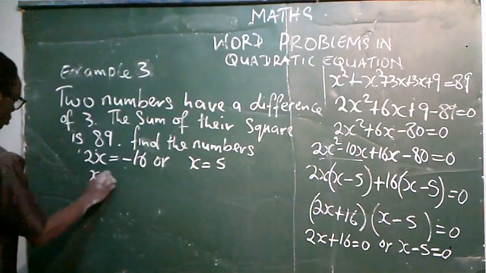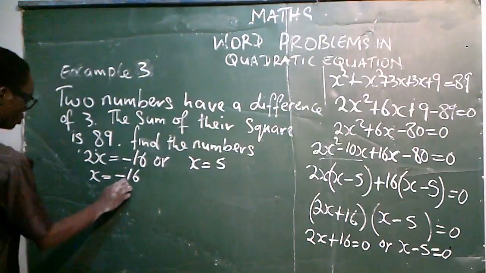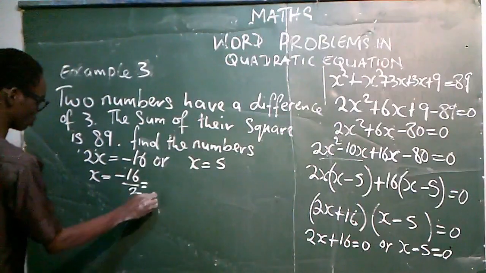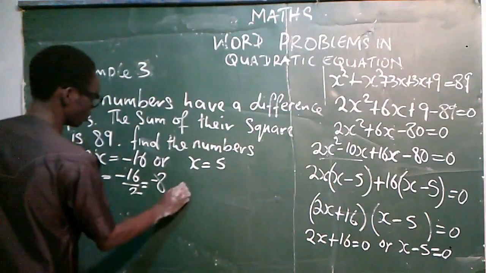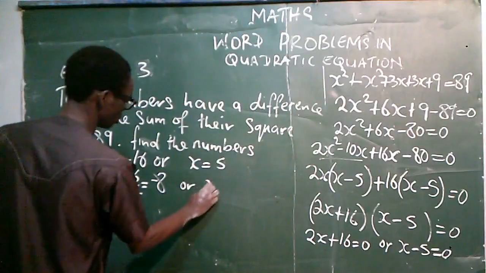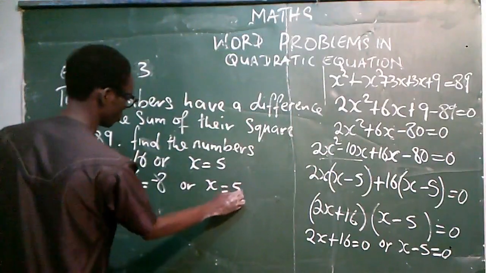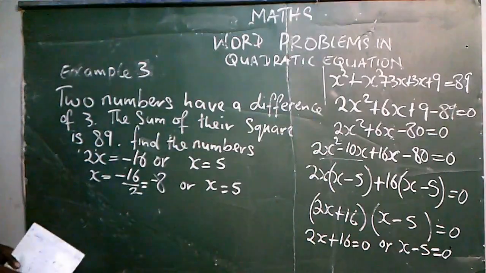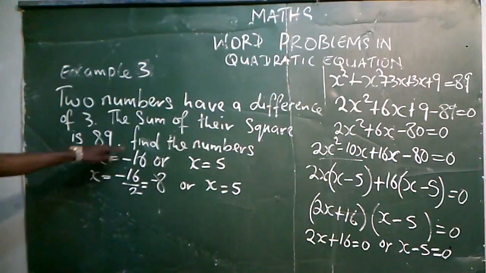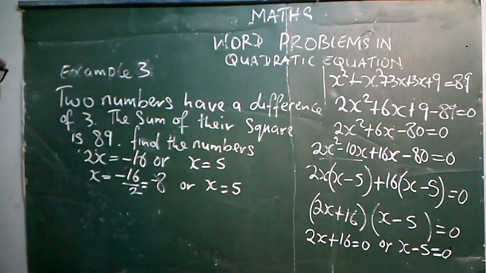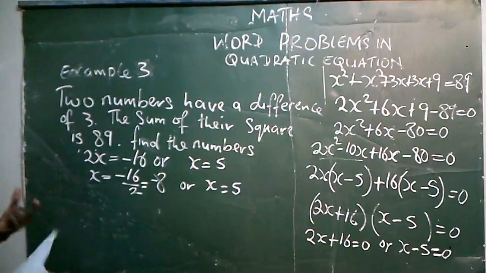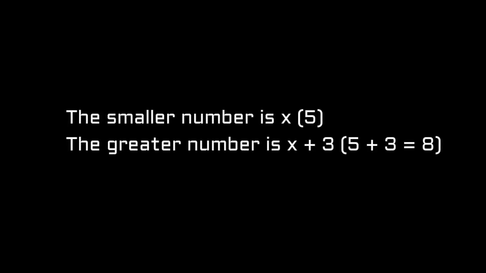Therefore x will now be equal to minus 16 over 2, which is minus 8, or x equals 5. What we are looking for is to find the true number. In this case, the number cannot be negative. We only accept x equals 5.